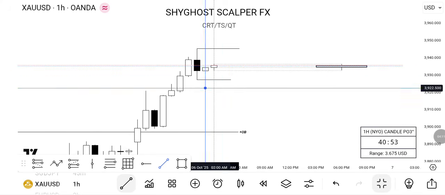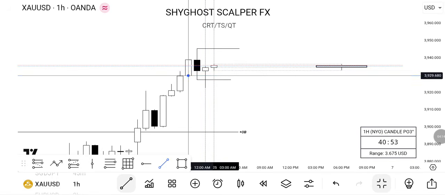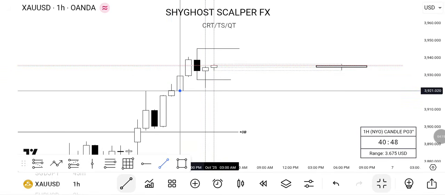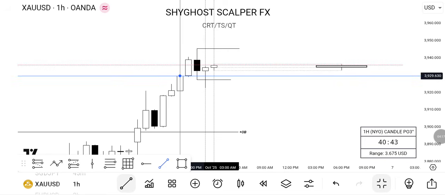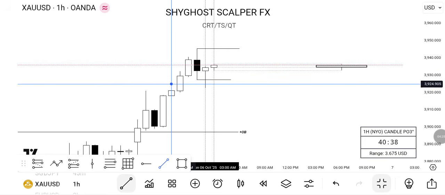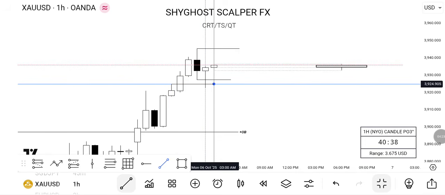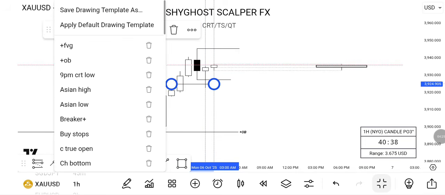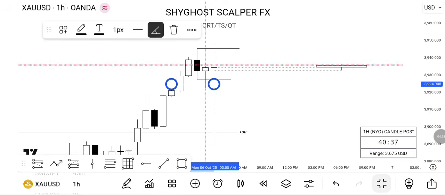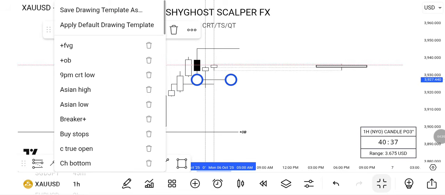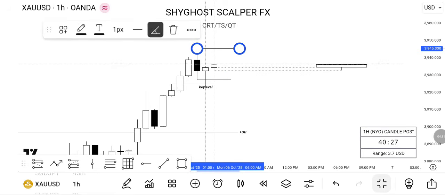And then now we're gonna locate our key level. So the key level is gonna be this FVG here, between candle 1, candle 2, candle 3, this middle candle. This is gonna be our key level. This is our CRT low, CRT high.